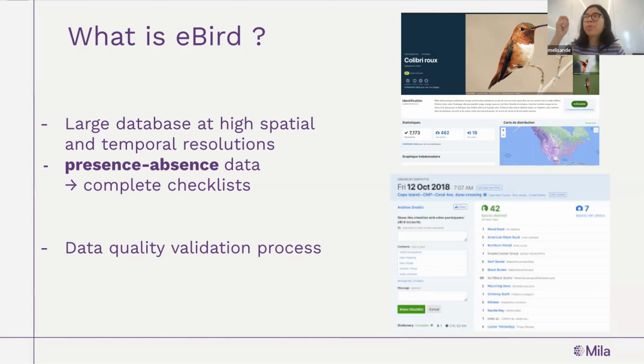A location where a checklist is recorded is called a hotspot, because people never go to the exact same latitude and longitude. A hotspot would be, for example, this pond in this park, considered a hotspot because multiple people go to the same place, so the observations are associated to the same location. What is really interesting about eBird is that it has presence-absence data.